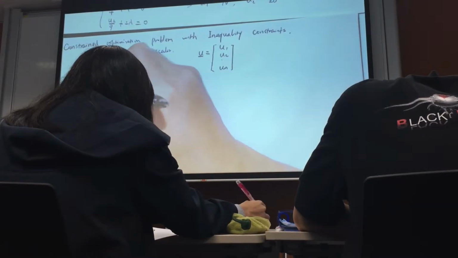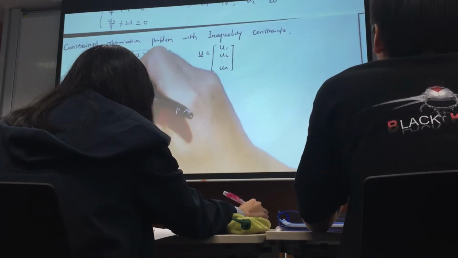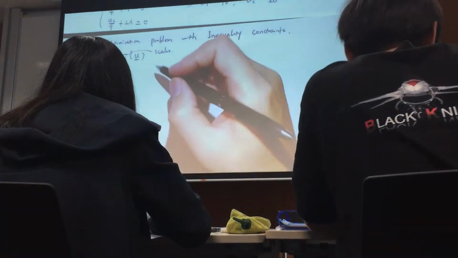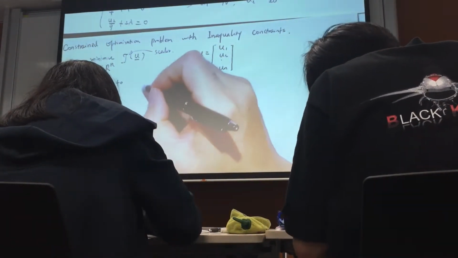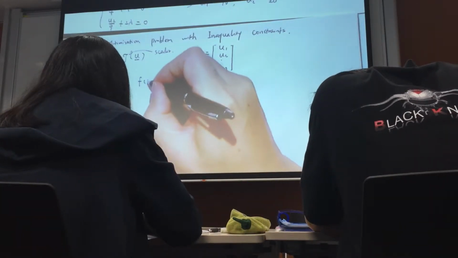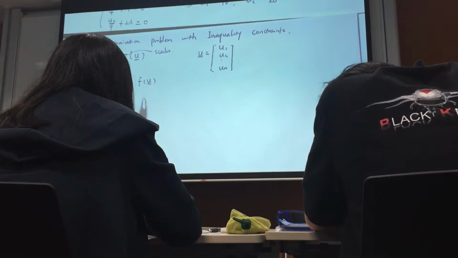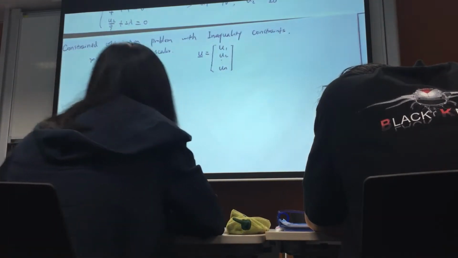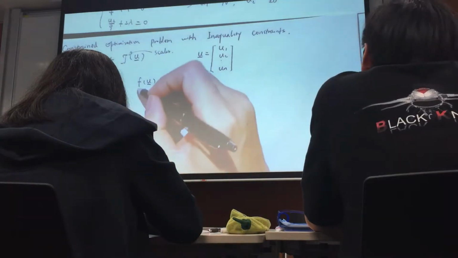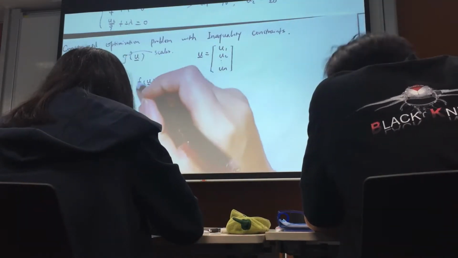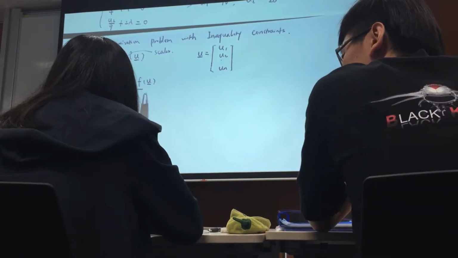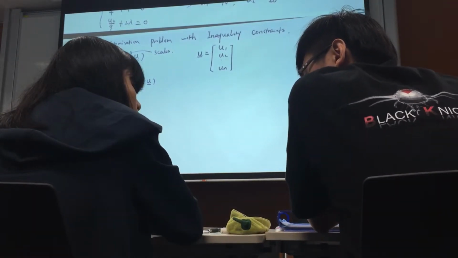So we optimize the above function subject to constraints. The constraint is also represented by a set of functions. So f of u is defined as a function of the control input, and we may have multiple functions, so we put a vector representation here.